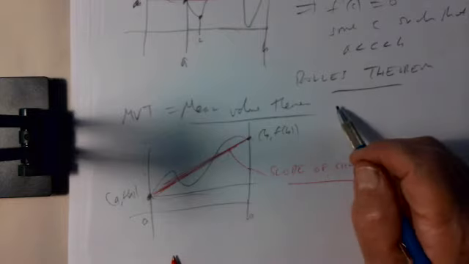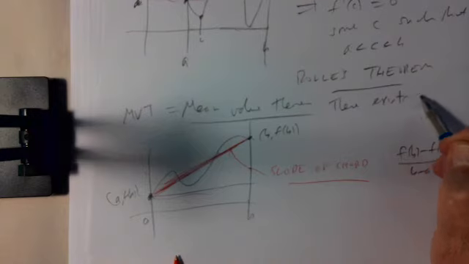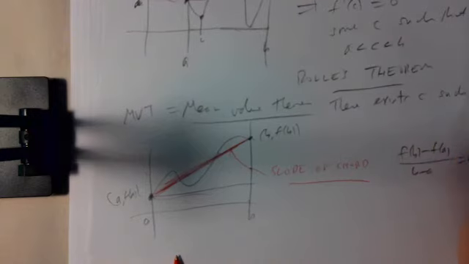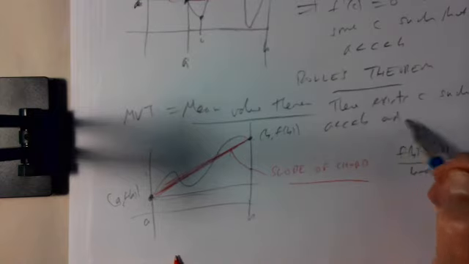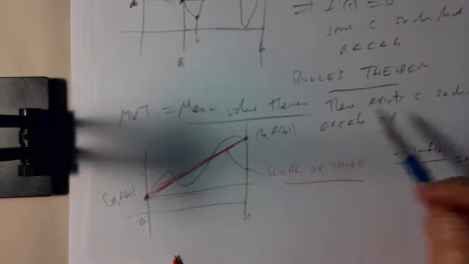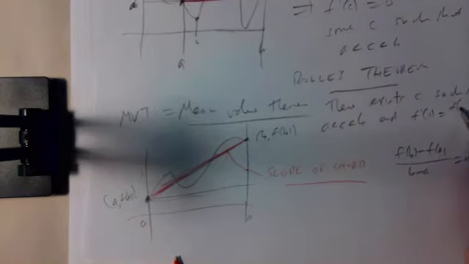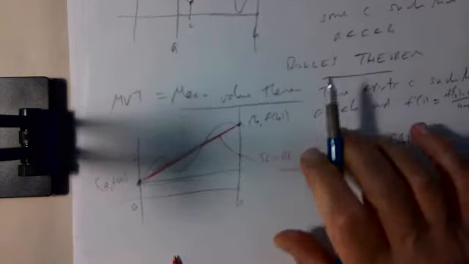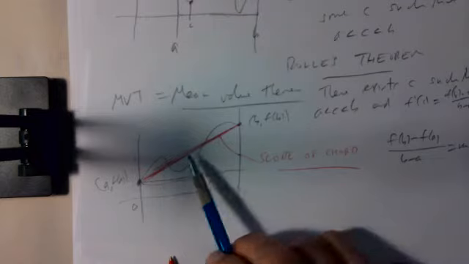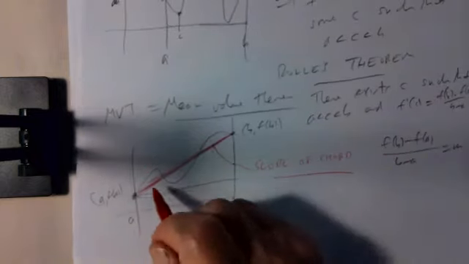And the mean value theorem says there exists a C such that C is between A and B, and at that point C, the slope of the tangent is exactly the slope of this chord. In other words, there's always some point on the curve where the tangent line is parallel to this chord.